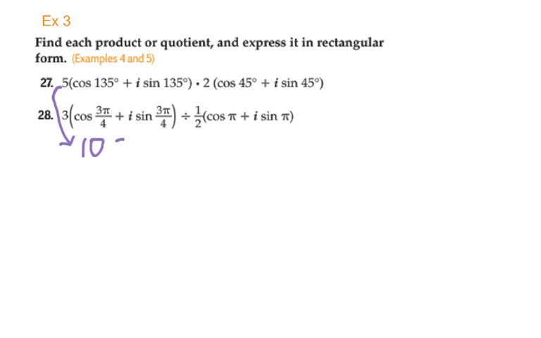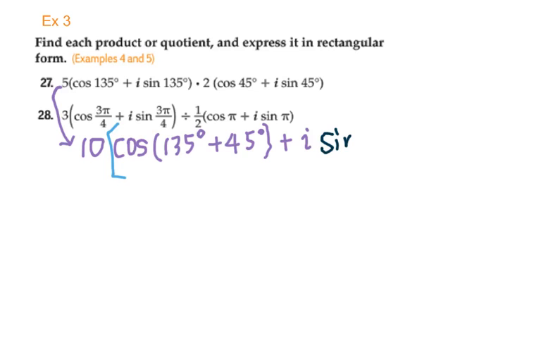Then you will get cosine, add these two angles, 135 degrees plus 45 degrees, plus i sine 135 degrees plus 45 degrees.